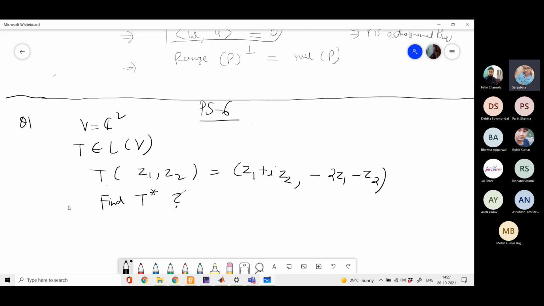Sir, T star is an operator on V such that the inner product of Tu with v is equal to the inner product of u with T star v. Yes, correct.